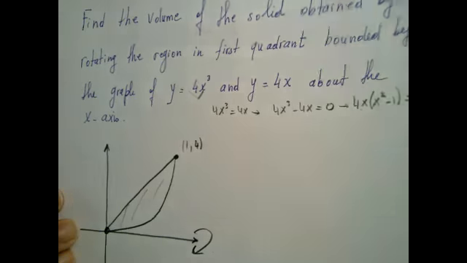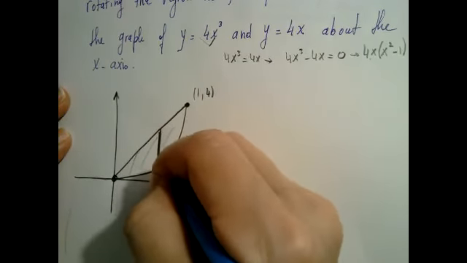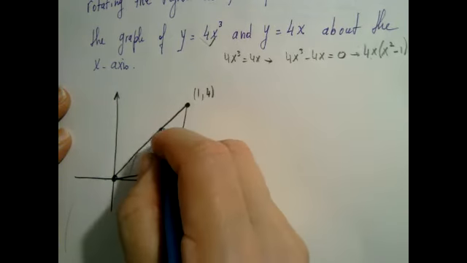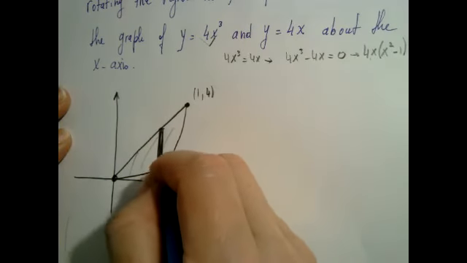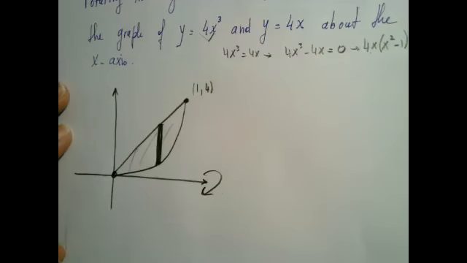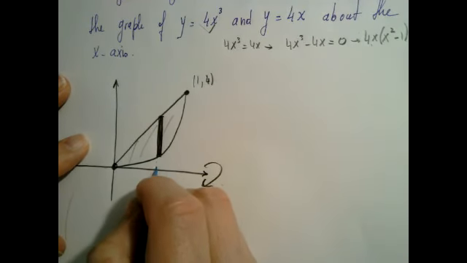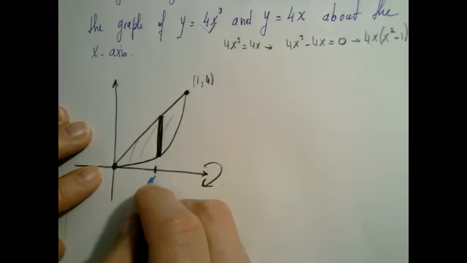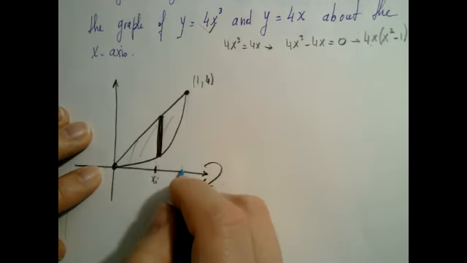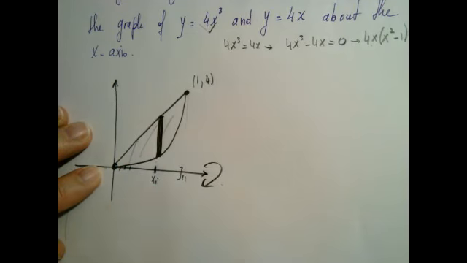Okay. And I need to find the volume. So I said, let me concentrate only on one little piece, and then I add the volume. So I take this little piece right there, and I rotate it. This here is my xi, and this is my 4, and I'm gonna divide this interval and rotate each one.